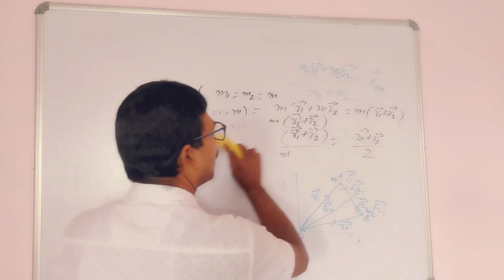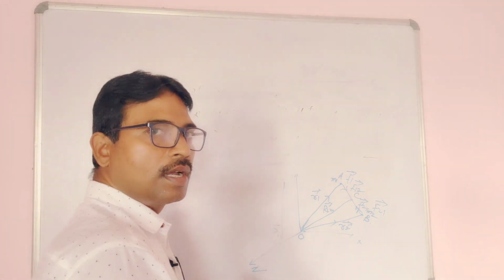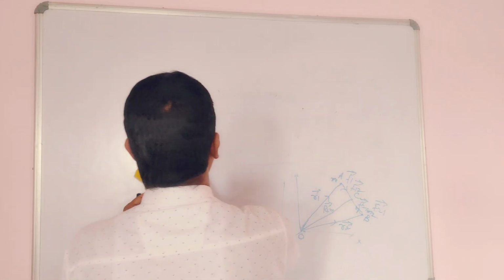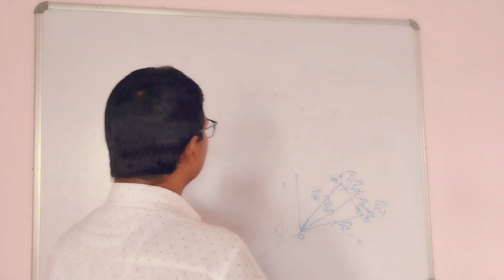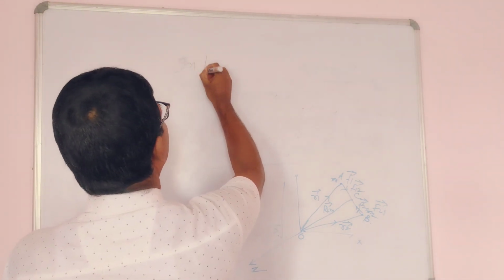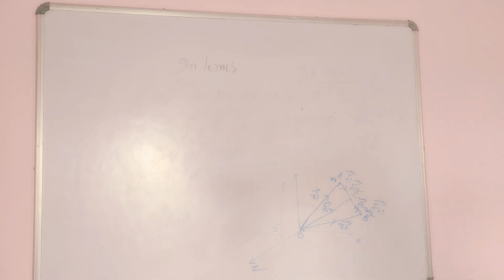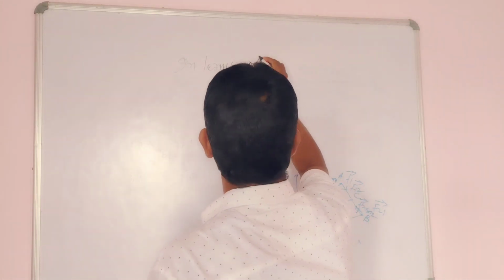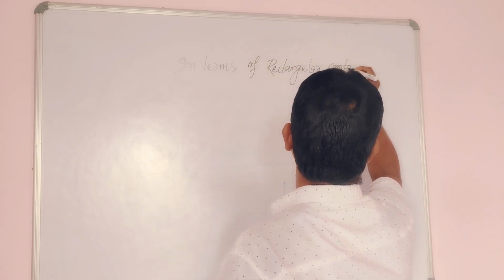Now, in terms of rectangular components, how can you find the XCM, YCM?